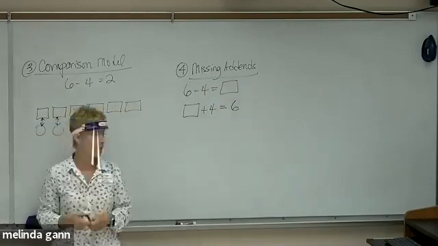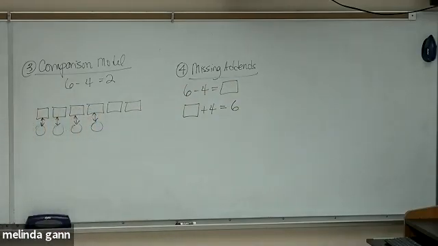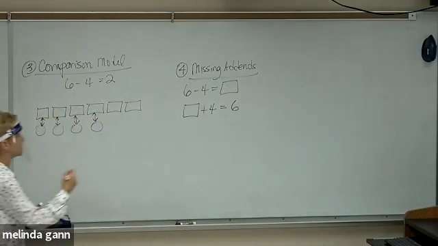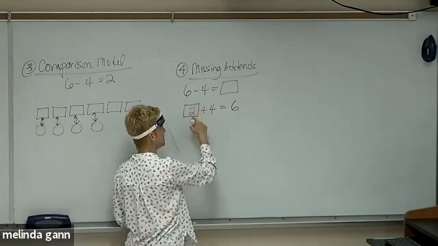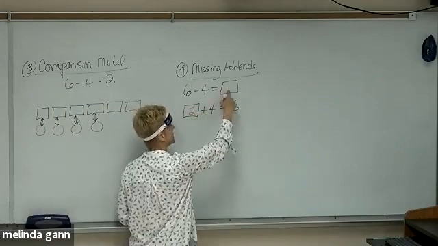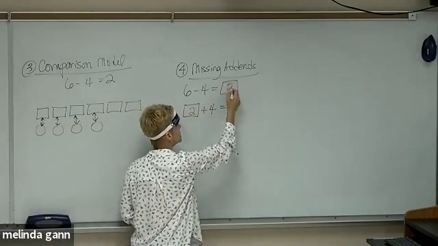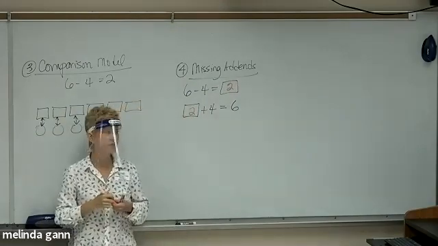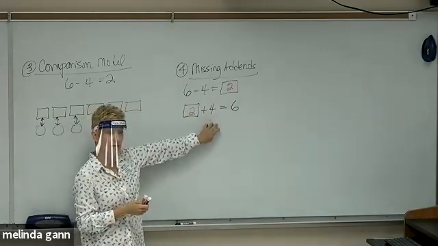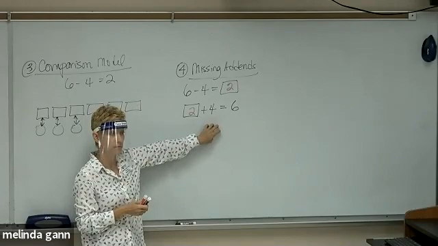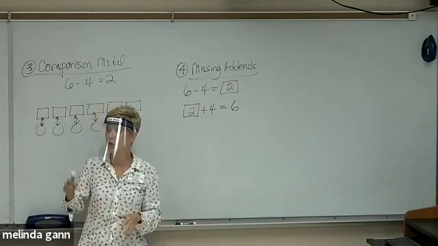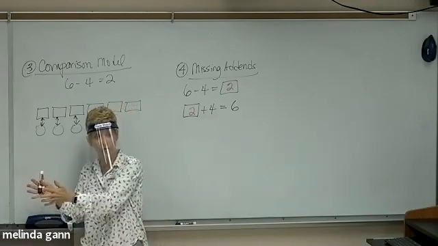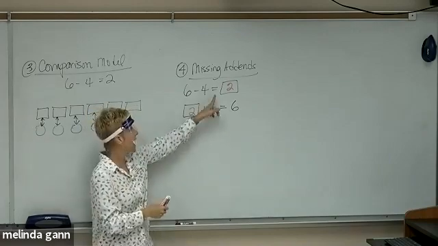What do I add to 4 to get 6? 2. So if the answer is 2 here, that's the missing add-ins, then the answer here is what? 2. But do you see how much more abstract this one is? So you're going to move them from totally concrete to abstract.